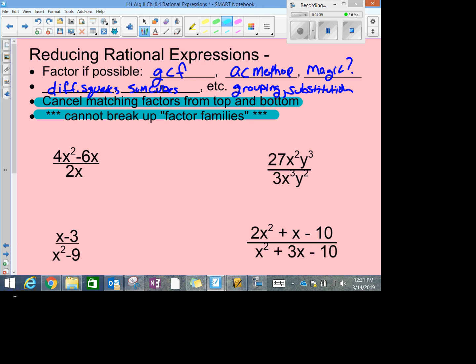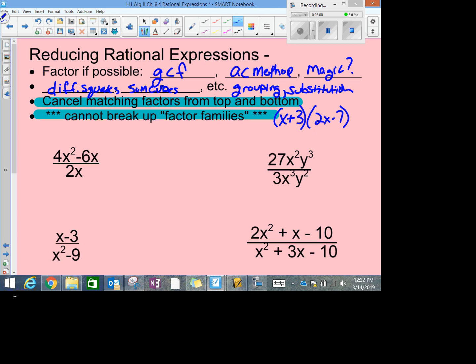The family is anything with an addition or subtraction sign in it, such as x plus 3, that's a little family, or 2x minus 7. These factors can only cancel if you can cancel out the entire parentheses, top and bottom.